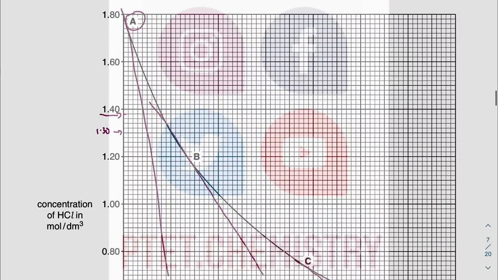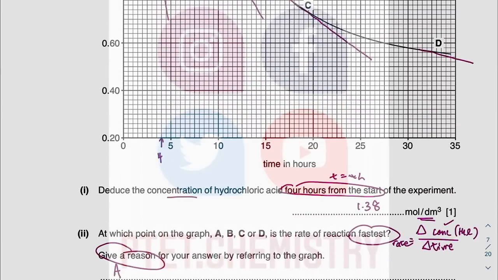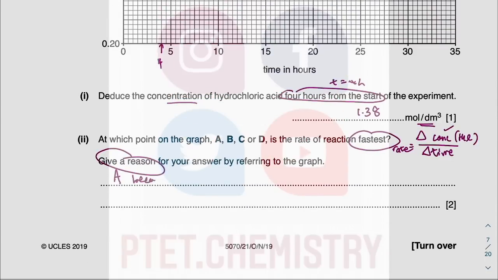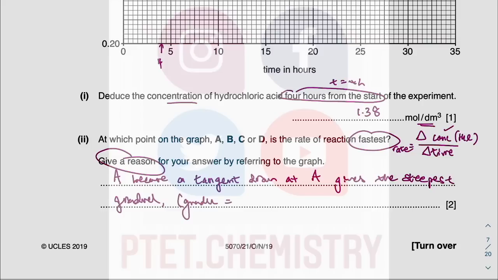Okay, it must be A. So A is where the rate of reaction is fastest, because a tangent drawn at A gives the steepest gradient, and we know that the gradient here is going to be the change in concentration of the HCl divided by change in time, which is equal to rate. So if you have the steepest gradient, that means your gradient value is the largest.